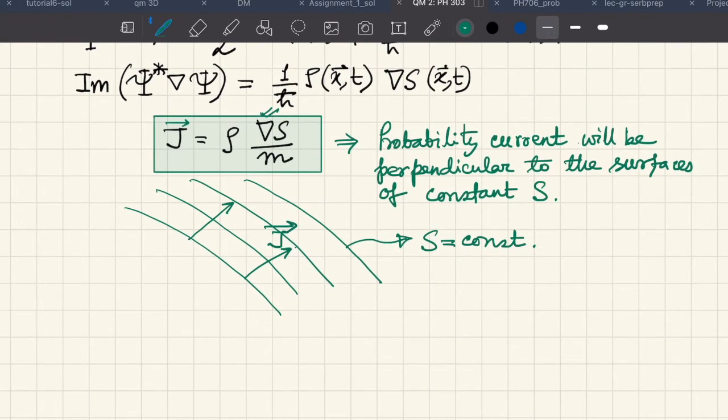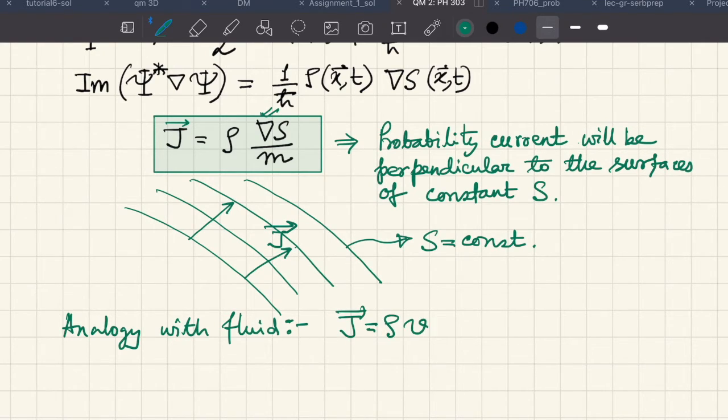So by analogy with fluid mechanics, we know that J should be equal to rho times v. If we have a fluid with density rho which moves with the velocity v, then it has a current density which is rho times v, which is nothing but rho p by m.